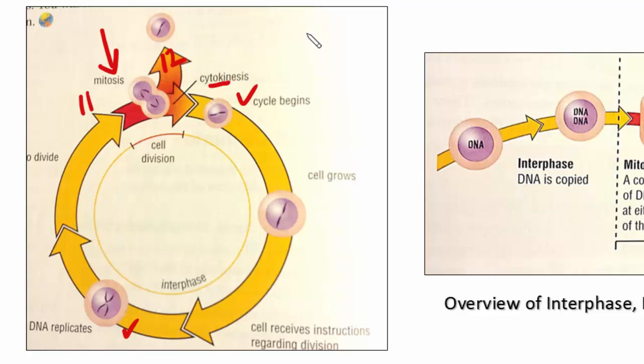It's not a phase of mitosis. Mitosis involves the nucleus and the chromosomes. Cytokinesis refers to the splitting of the cytoplasm, kind of like what you're seeing here with the splitting there. And then we'll have our daughter cell there going off with the same number and type of chromosomes as the parent. So this is the overall cell cycle, and mitosis is just a small part of that cycle.